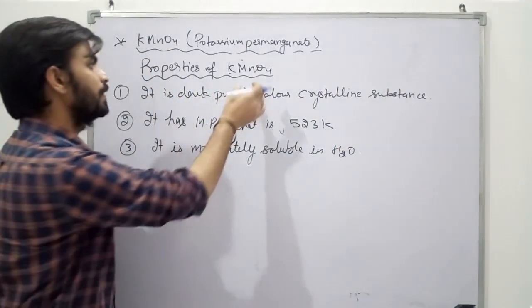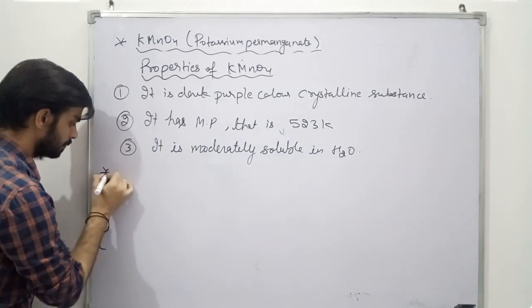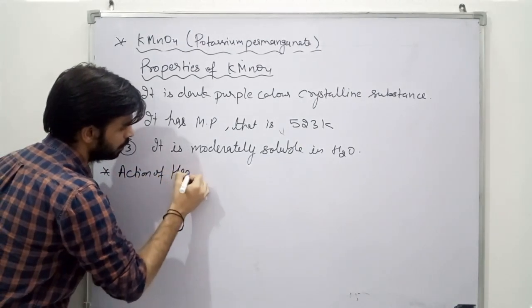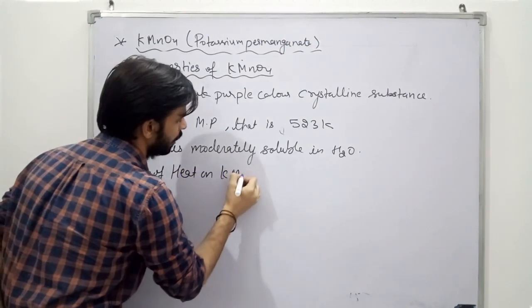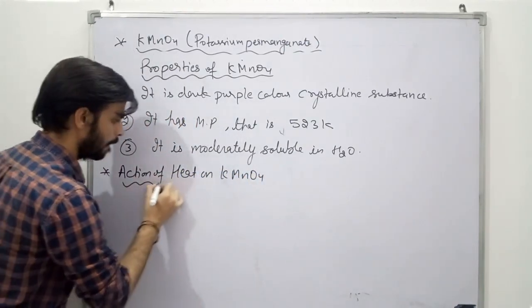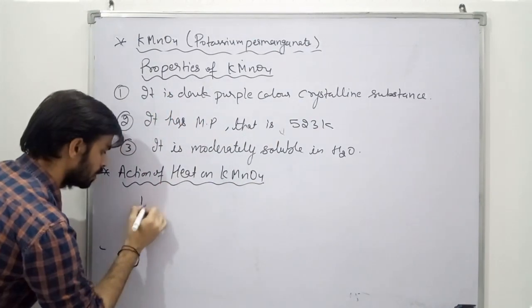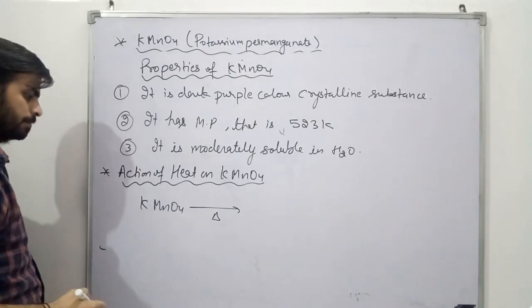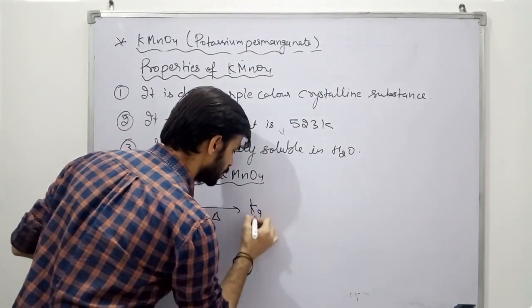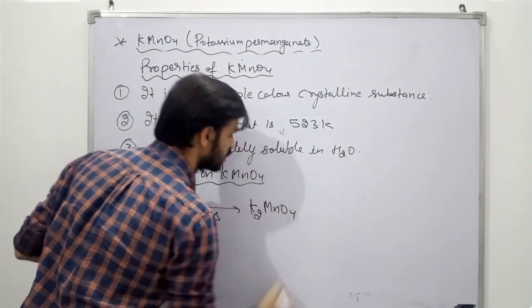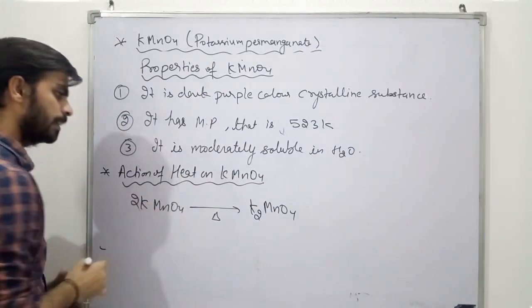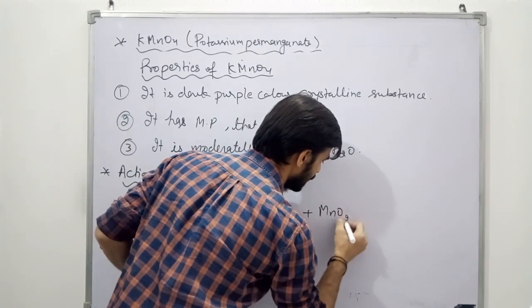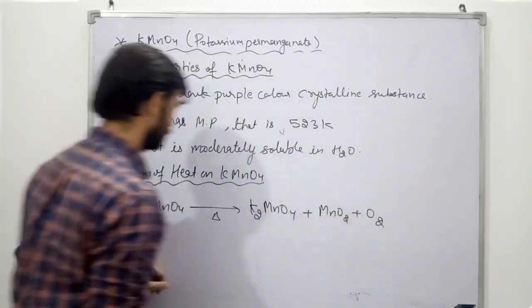Now, action of heat on KMnO4. When KMnO4 is heated, potassium manganate is formed along with manganese oxide and oxygen.